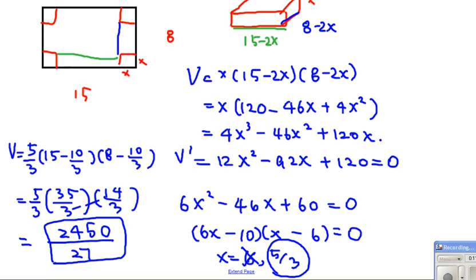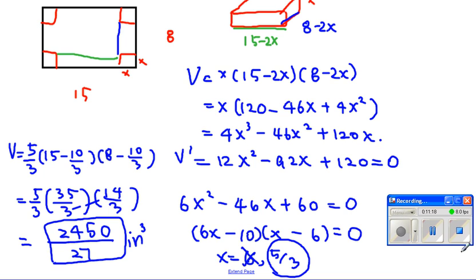Now since it's inches, we'll call it cubic inches. All right, so we finished 2 more questions.